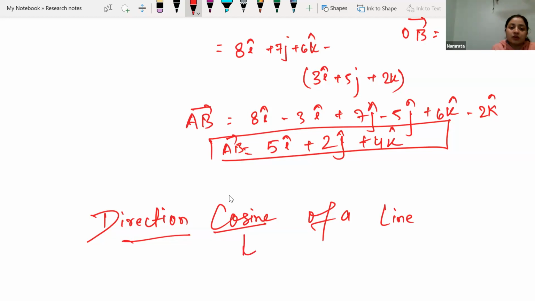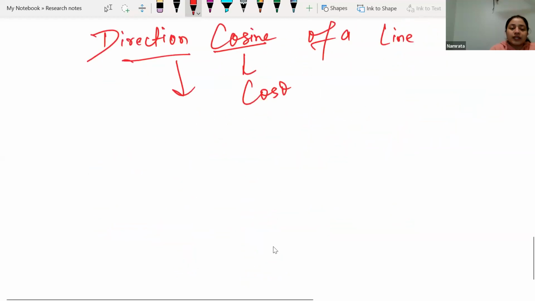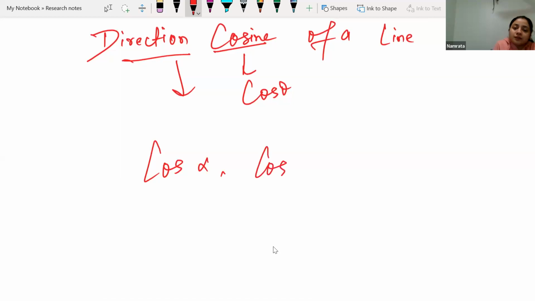Cosine means cos theta, and direction means the angle. So the direction cosines of a line we can represent as cos alpha, cos beta, cos gamma, where alpha, beta, gamma are the angles with the x-axis, y-axis and z-axis.